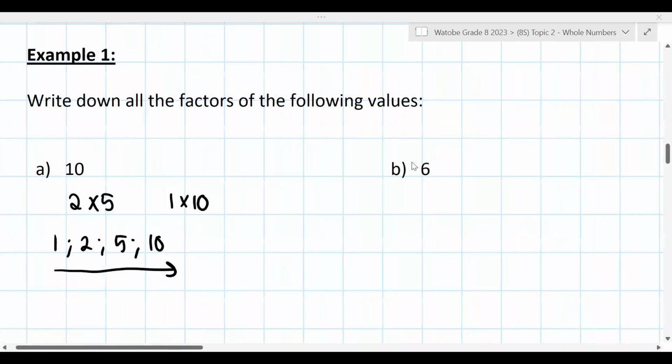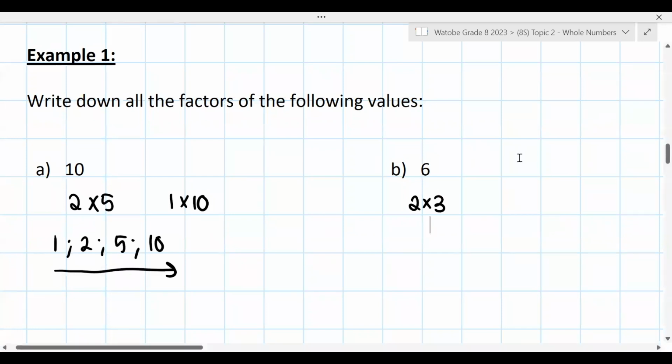Right, our next one that we have is the factors of 6. Let's go. Factors of 6 are 2 times 3 equals 6. Perfect. So one of the factor pairs is 2 times 3, which exactly gives us 6.